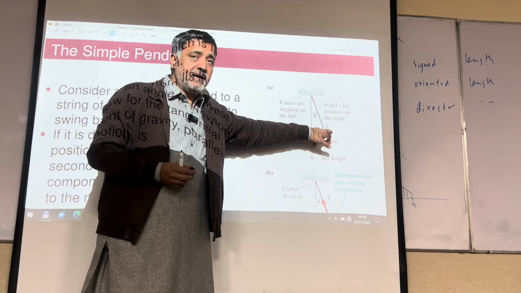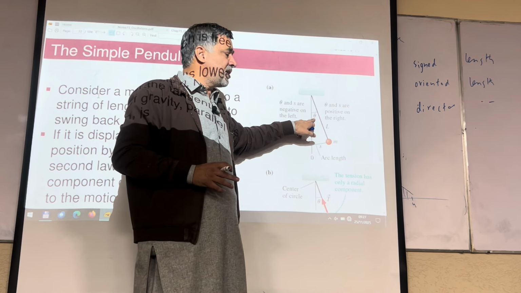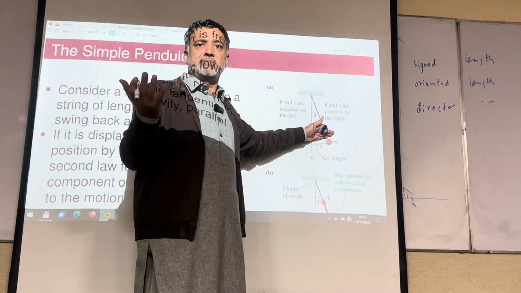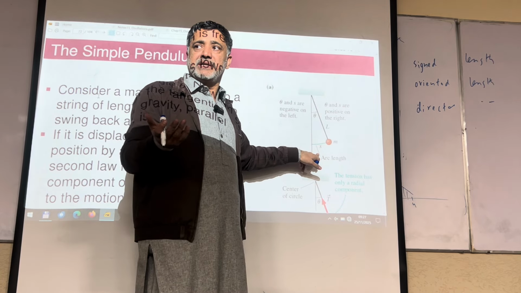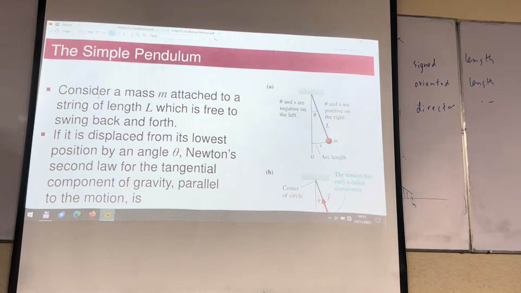That must be in the back of your mind. The only difference from the math is that in math these two cannot have any units, but in physics at least these two will have units. This cannot have units, but L will have the units of length, centimeter, meter, or something, and this will also be meters or centimeters. So let's get to the free body diagram.